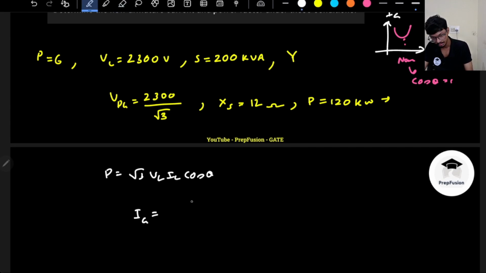Or IA, because in star, line current and phase current are the same. So 120 into 10 cube divided by root 3 into VL. VL is 2300.